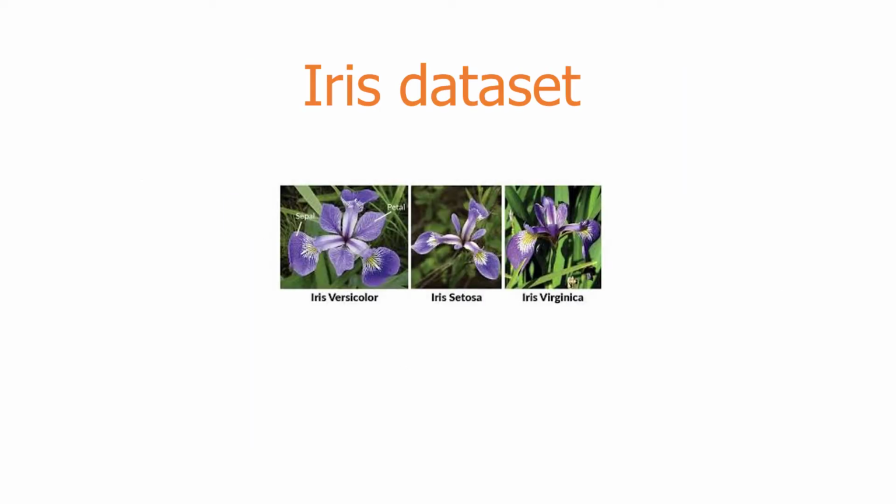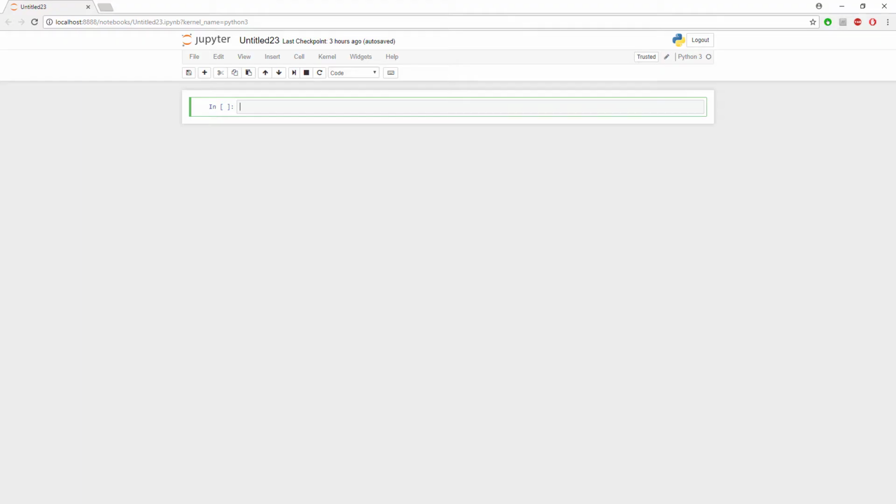Let's first look at the iris dataset that we will be working with in this video. It is a very popular dataset provided with scikit-learn that predicts the species based on the length and width of sepals and petals. So let me go to Jupyter and import the dataset. The iris dataset is provided in sklearn.